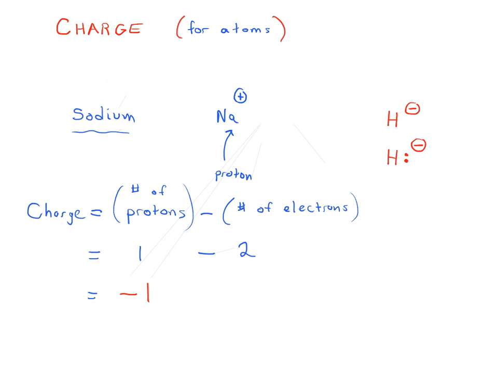If you think about the number of electrons that are normally around sodium in its neutral state, sodium actually has 11 protons in its nucleus, and it has 11 electrons floating around. If we wanted to, we could apply this whole formula in this case. So 11 minus 11 would give us a net charge of 0.